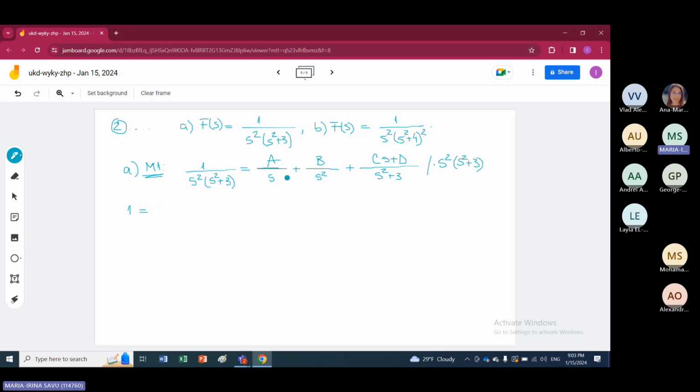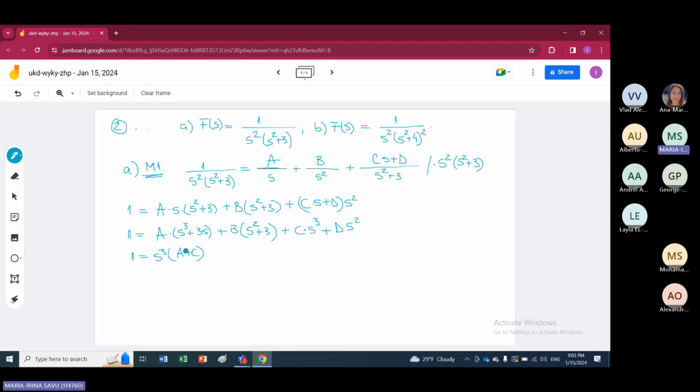And you have 1 equals, let's see this one. This one is a times s squared plus 3. This one is b times s squared plus 3. This one is c times s plus d times s squared. So 1 equals a times s cubed plus 3s plus b times s squared plus 3, plus c times s squared plus ds squared.